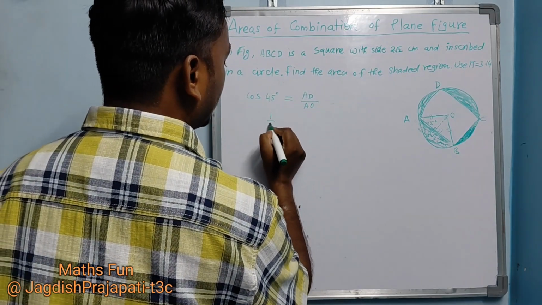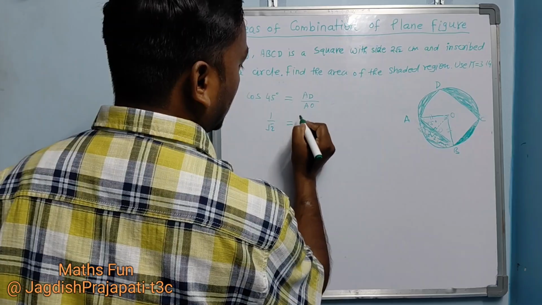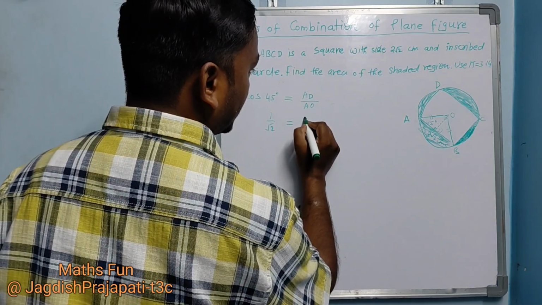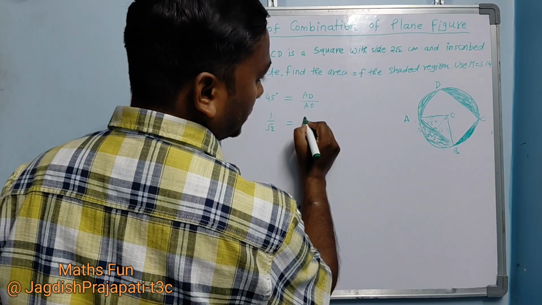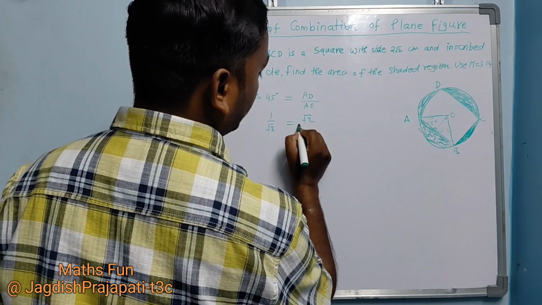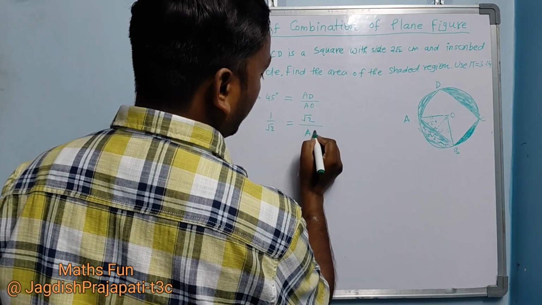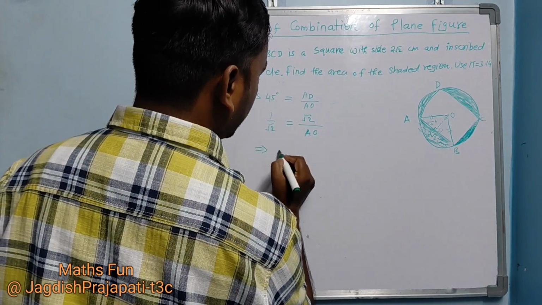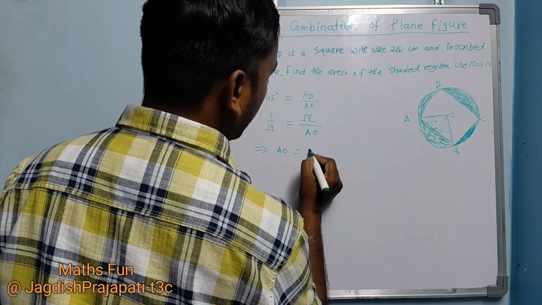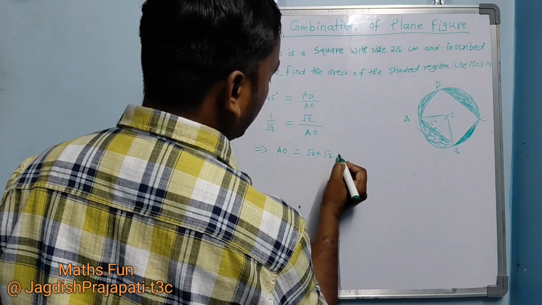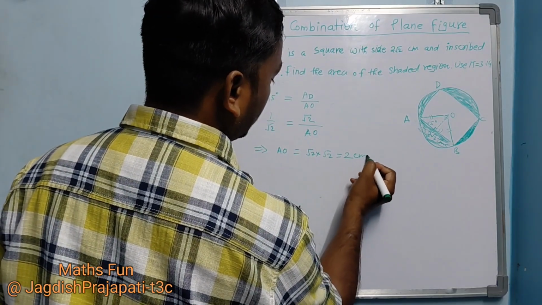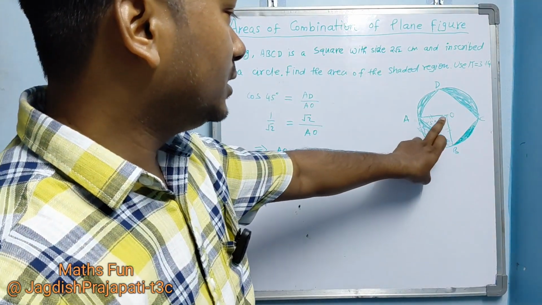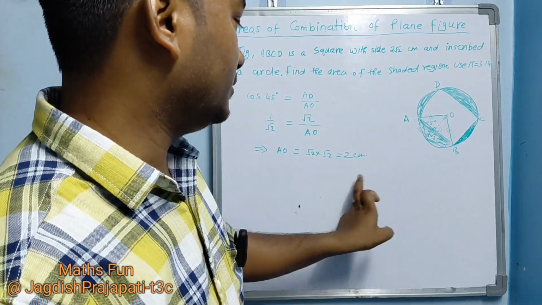Cos 45 is 1 upon under root 2, AD is under root 2, and then AO. So this implies AO equals under root 2 into under root 2, that is 2 centimeter. So we found AO as 2 centimeter.